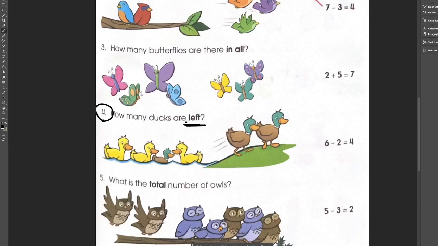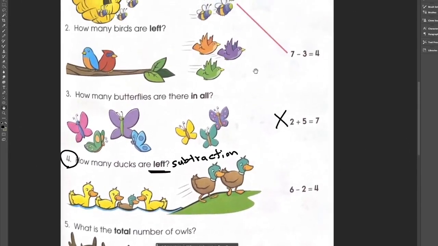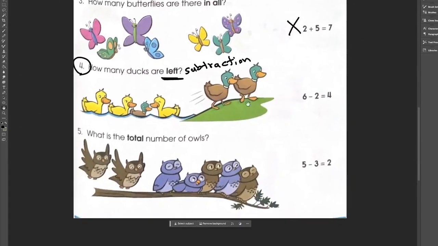Now, left most usually means subtraction. So let's just make a note here, subtraction. So we know that the number sentence we match this picture to should have a subtraction sign. So we can rule this out, and we can rule this one out. So it has to be between these two.